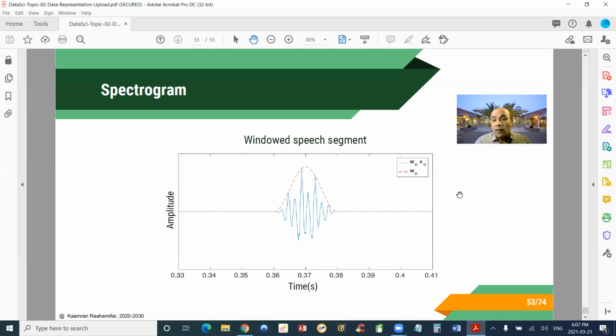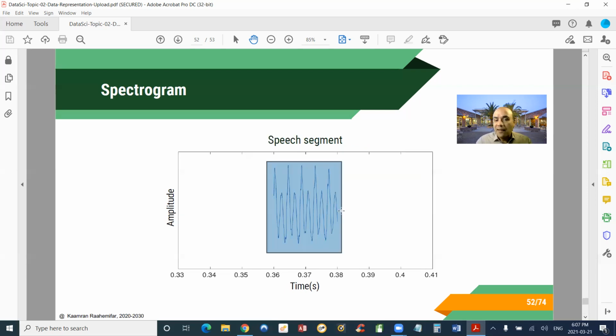This is a window. I could potentially have a square window. A square window is as simple as what you see right now. So I'm going to create a square if I could. This is my square.